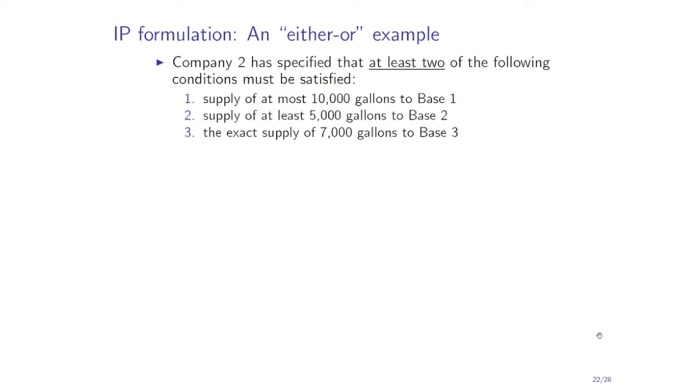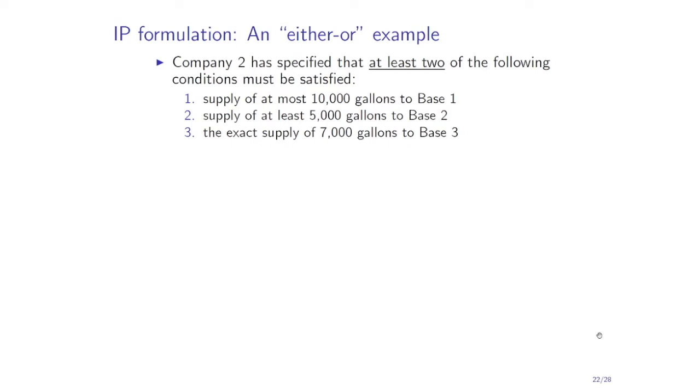The second one is that I must give at least 5,000 gallons to base 2, so the order for base 2 must be greater than or equal to 5,000 gallons. And the third condition is that I can give exactly 7,000 gallons to base 3. You should satisfy at least 2 of them in order for us to make a contract. So we want to incorporate them in our formulation.